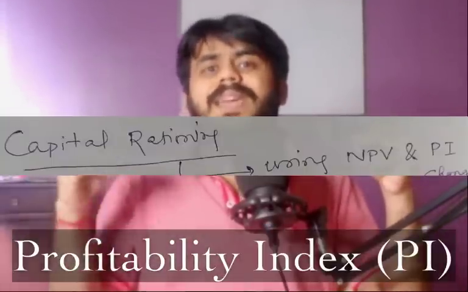Then you move on to a section on capital rationing, in which, let's say, you have 5-6 projects and you want to allocate a big corpus of your money into a few of the projects, depending upon which projects are more profitable. In that case, first you check the NPV of all these projects and you try to maximize the NPV. A good way to check how you're maximizing the NPV would be to check the PI values.